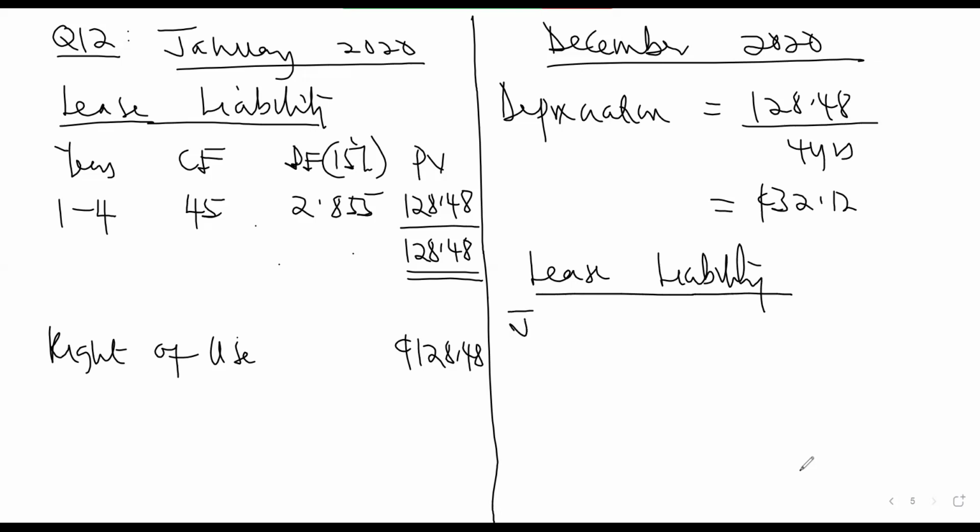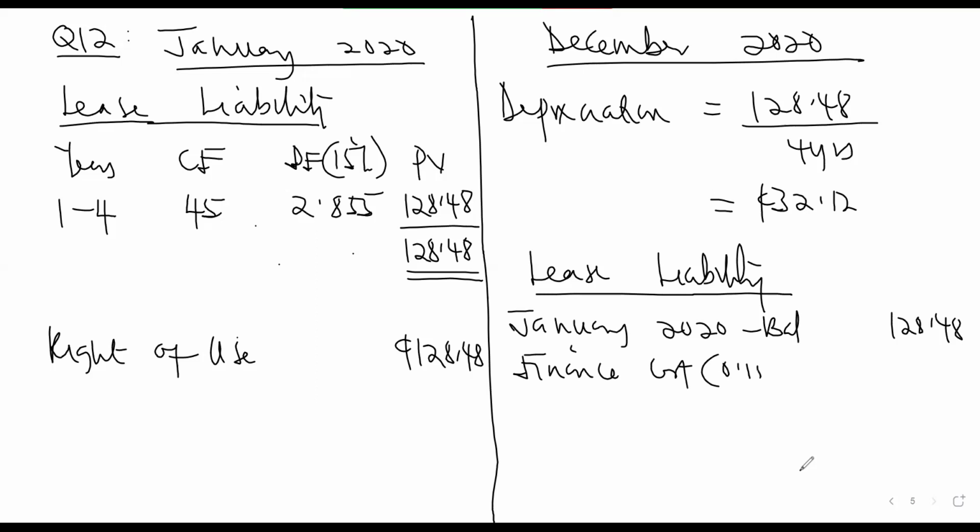So we have the figure at January 2020, which will be the balance, 128.48. Since this is done in arrears, we have to calculate the finance cost first before we pay the rentals. So 128.48 at 15%, what are we having? 19.27.